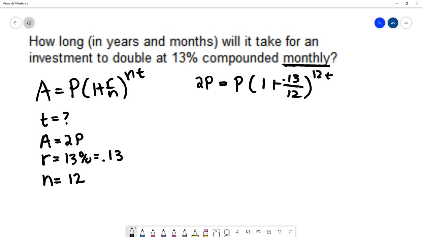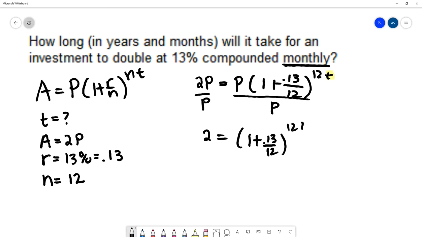So remember, our goal is to solve for that t in the exponent, so we're going to isolate the exponential by dividing by P on both sides. That's 2 equals 1 plus 0.13 over 12 to the 12t.